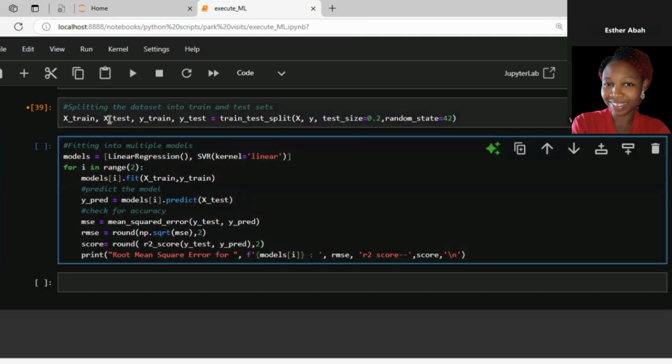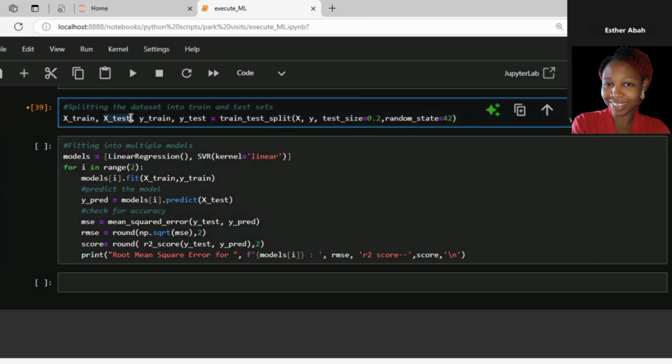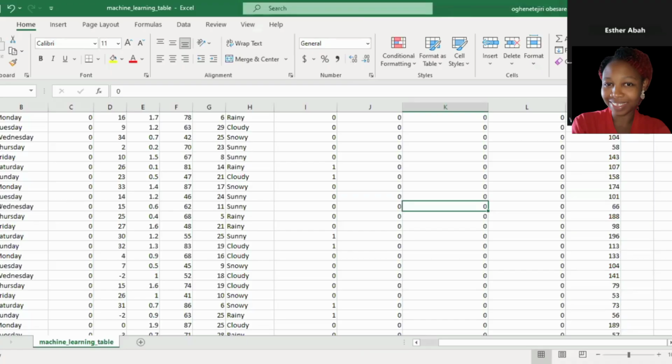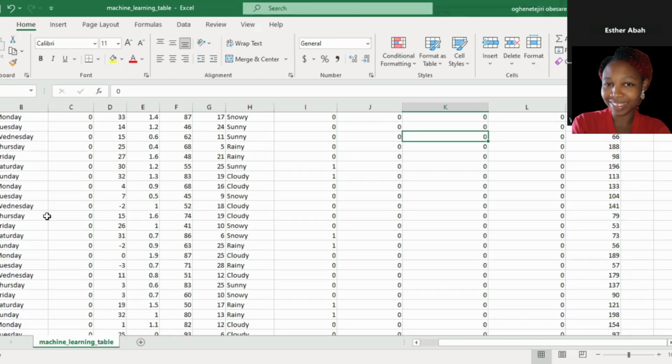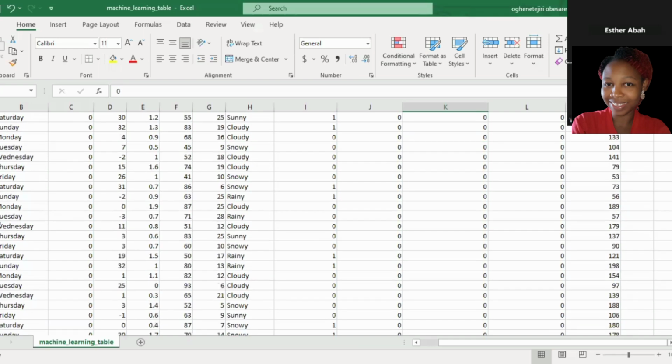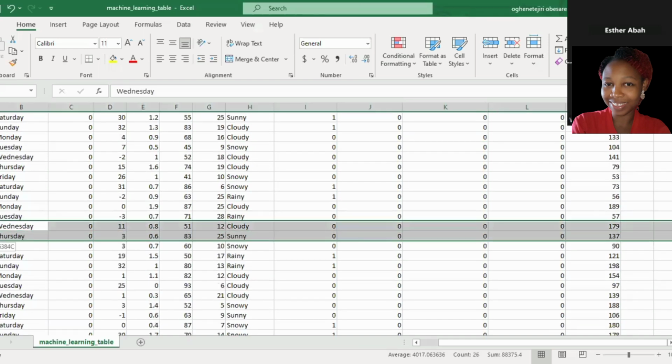So now, we're going to use this X test. Let me go back to this data set. Let's say this is the remaining 20% of the data set.